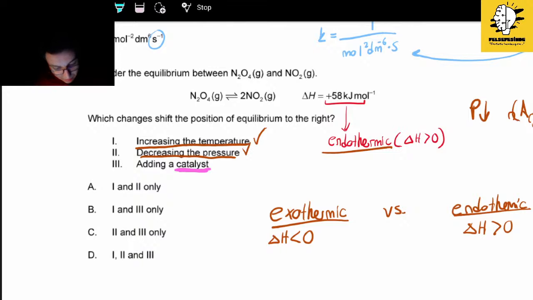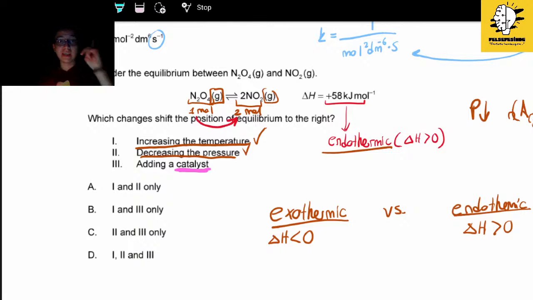This will also happen because we have only 1 mole of gas. By the way, please be cautious about the states. Sometimes they give liquids, solids, aqueous. Be careful about the states, gases. So this has 2 moles, and as we decrease the pressure, it will increase from 1 mole to 2 moles.